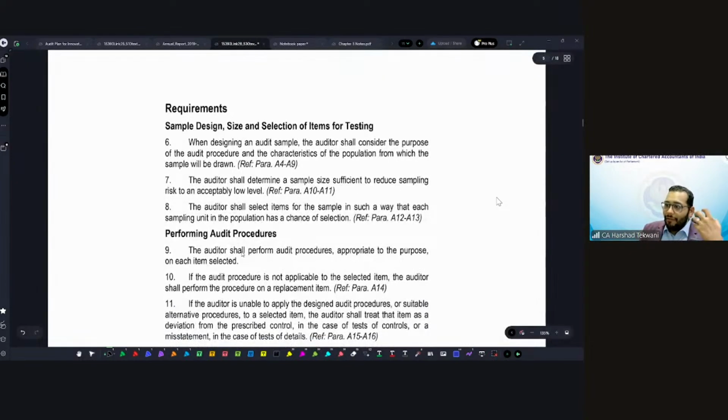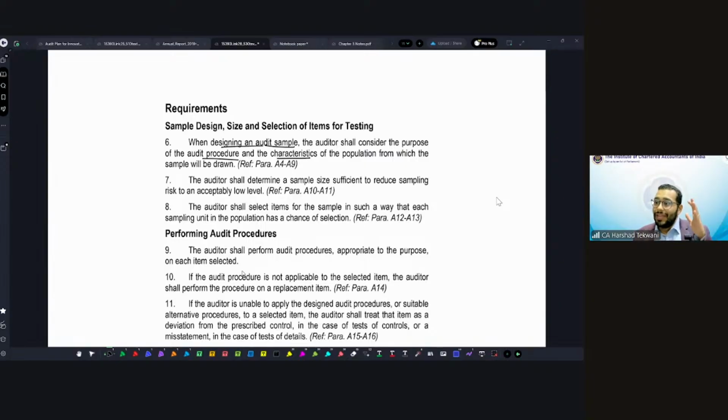Now, when I want to reach conclusions on the population from sample testing, I need to do something. First of all, I need to design an audit sample considering the characteristics and the audit procedure. We have discussed that. Whenever you have to test some samples, think which is the more appropriate way. Should I select the sample this way?